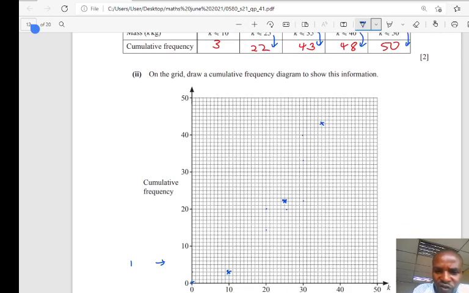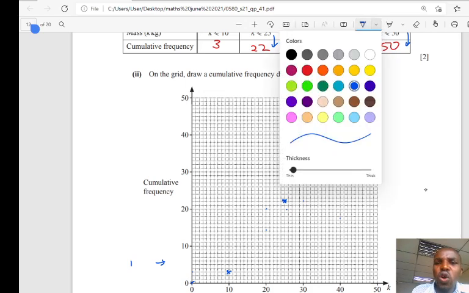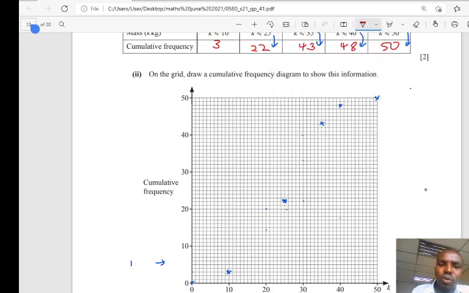Next, 40 and 48. 40 is here. 48: 43, 44, 45, 46, 47, 48. It's here. Then 50 and 50 is there. Then you join your points with a line.